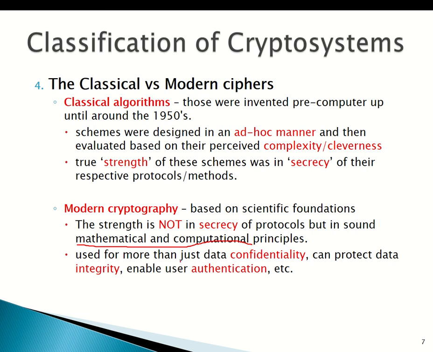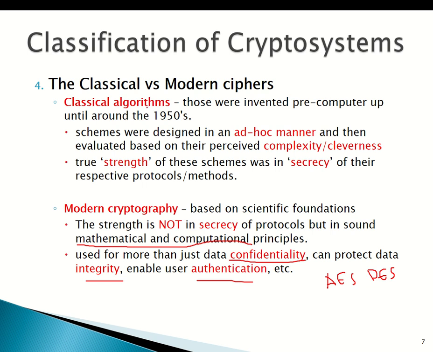They are better at protecting confidentiality, data integrity, and authentication than the classical algorithms. We look at two types of modern algorithms, called AES and DES, and we'll look into these two in detail.